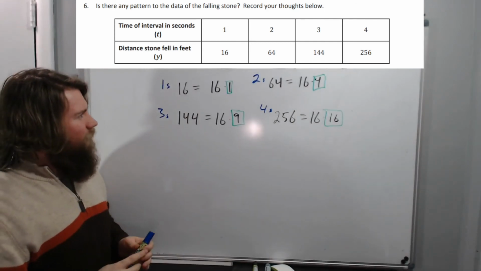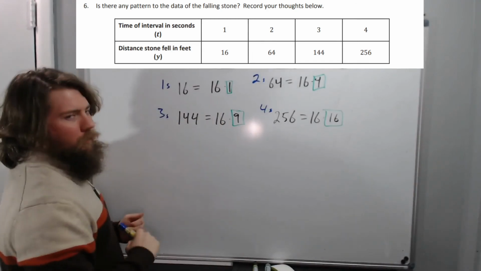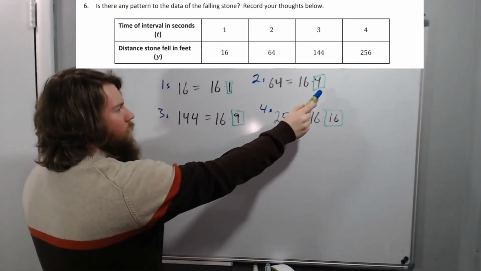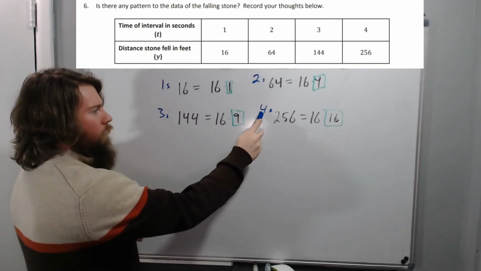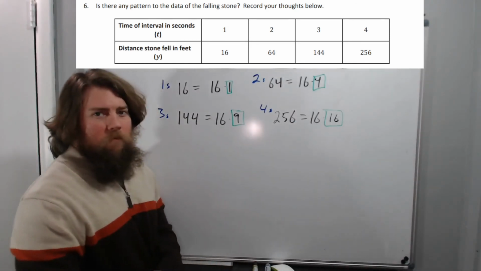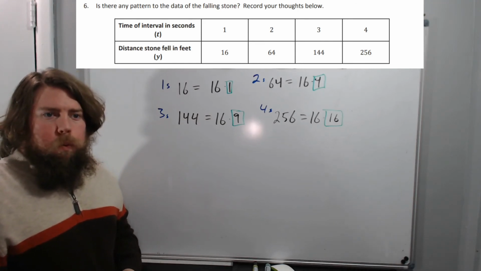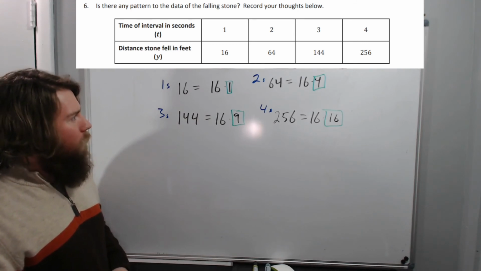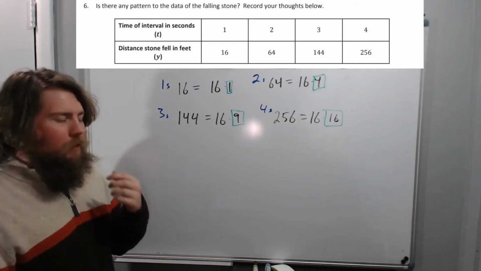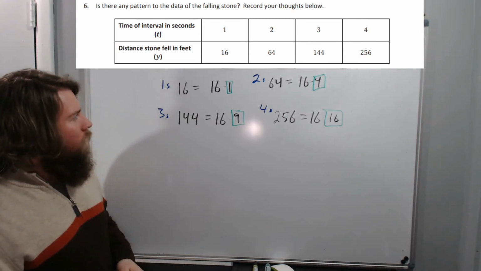All right. So see if we can relate these numbers. 1 second and 1. 2 seconds and 4. 3 seconds and 9. 4 seconds and 16. All right. So now that I've given you guys a few seconds to think about that, let's look.